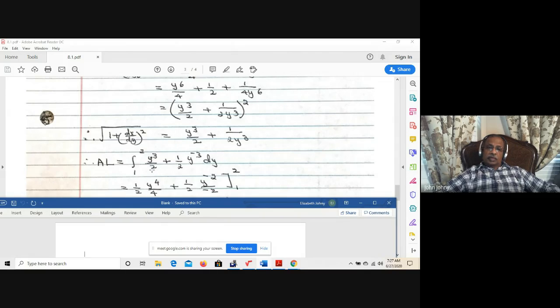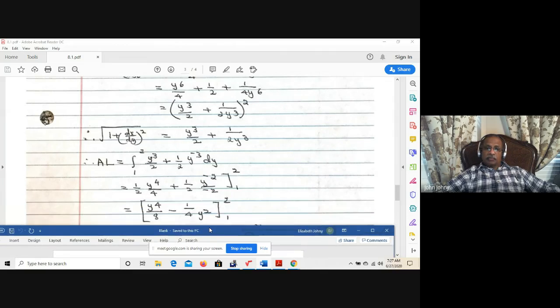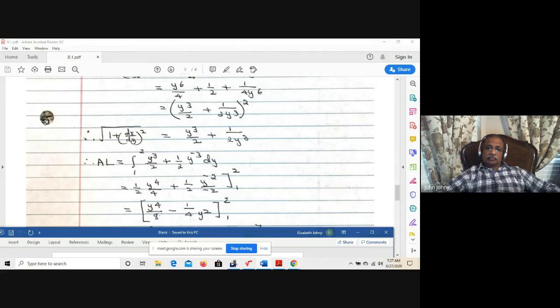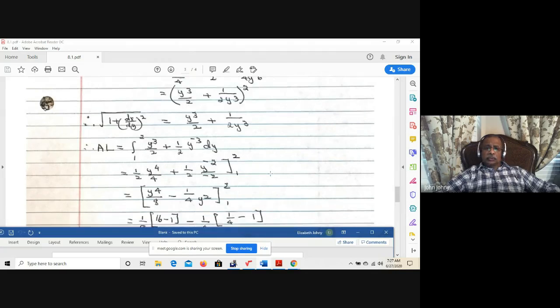So here 1 half times y to the 4 over 4, you are applying the power rule of integration, plus 1 half times y to the negative 3 plus 1, that's negative 2 over negative 2, from 1 to 2. So this is y to the 4 over 8 minus 1 over 4y square, because there is one negative, the whole expression becomes negative, from 1 to 2.